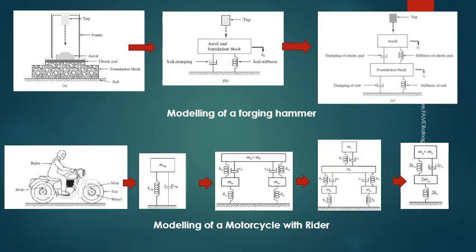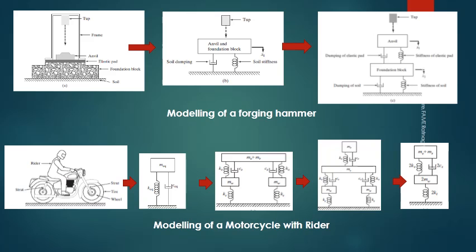So with the primary version we can say that there is an anvil, and below the anvil there is a damper and a stiffness due to the soil, and from the top the force is applied, so the displacement is only x1. But we haven't considered the foundation mass and the elastic stiffness provided by the sand or soil to the foundation.